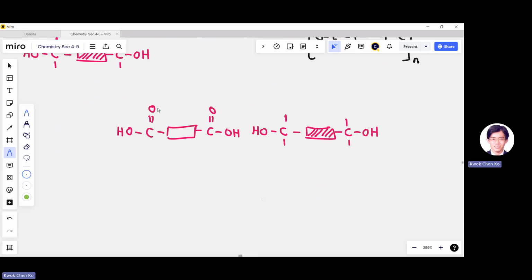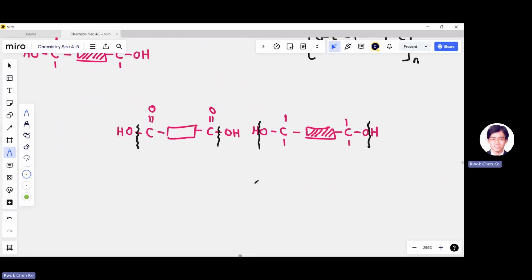No, this is the carboxylic acid group. It breaks here. This one? Yes, at this part also, because this is the carboxylic acid group too. This one? No, this is the alcohol. It breaks in between.